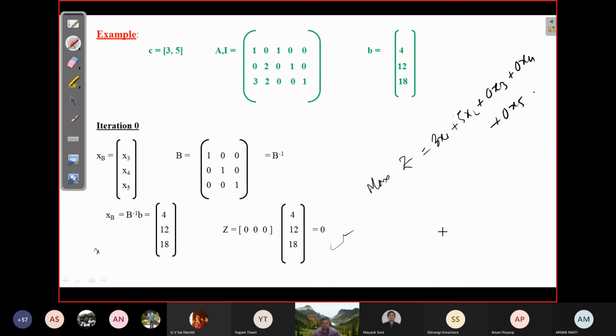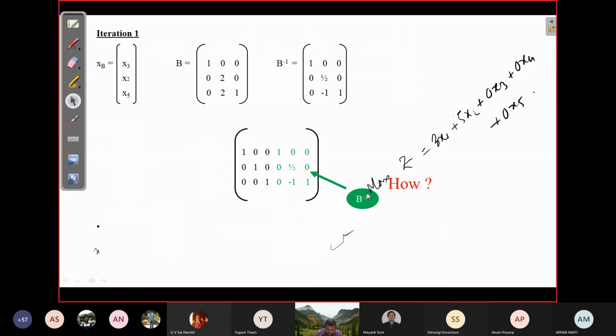Now, suppose I change the base. For the simplex method, you have to decide which variable will enter the base and which will leave the base. We'll come to that point later. But suppose we change the base arbitrarily.